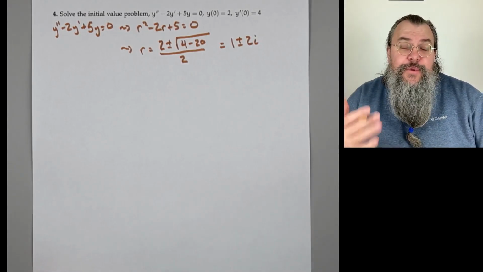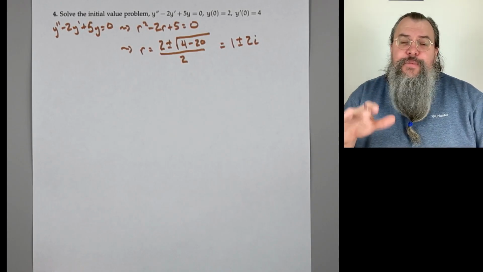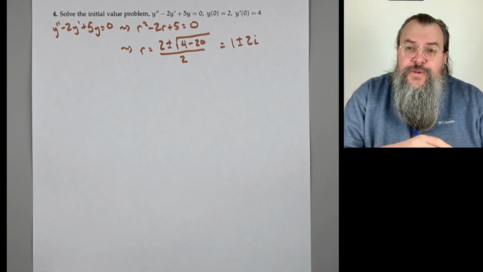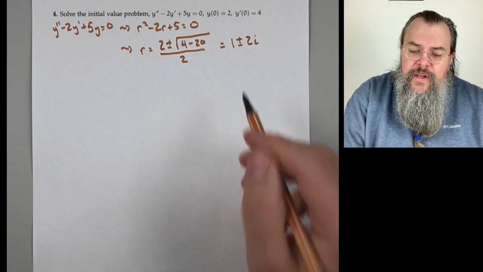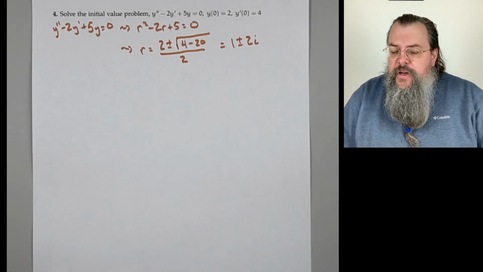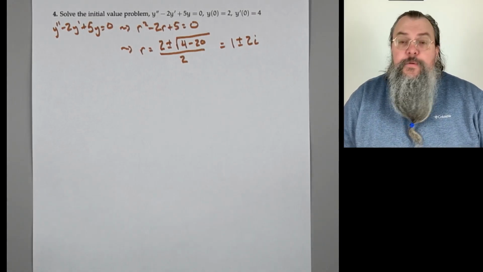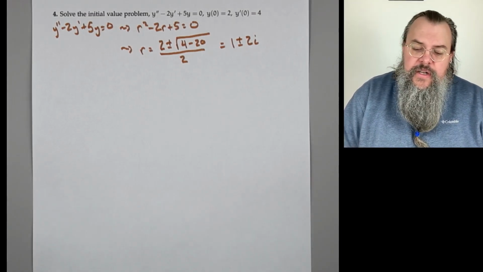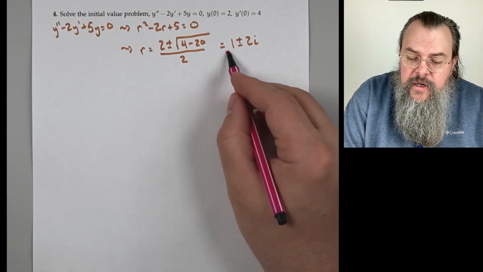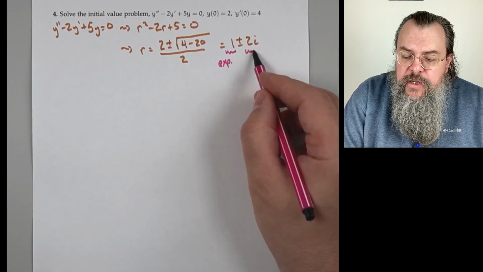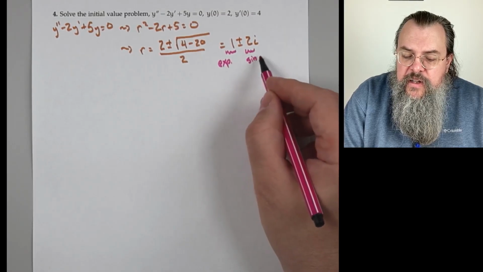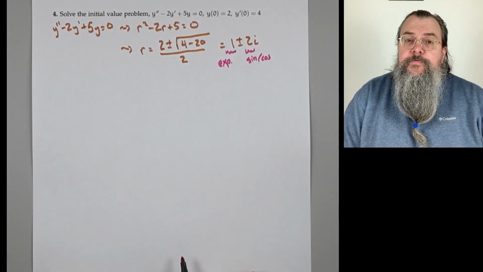Now, complex roots. How do complex roots become solutions? Well, complex roots involve sines and cosines. And so remember that what happens here is you have the real part and the imaginary part. The real part goes into the exponential function. The imaginary part goes into the sine and cosine part of the function.